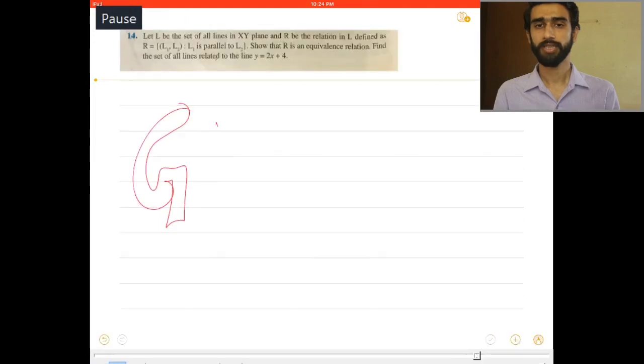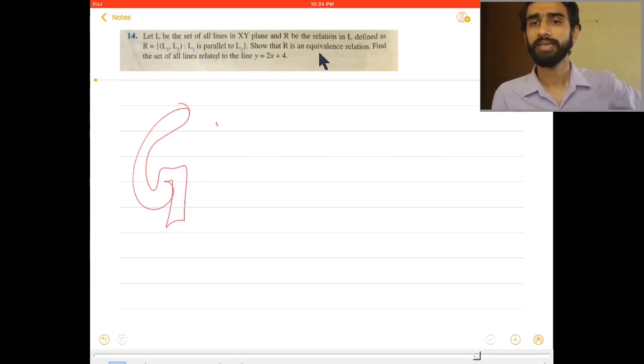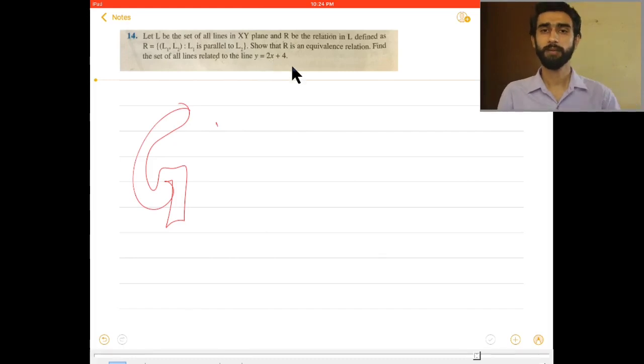The 14th question says that let L be the set of all lines in the xy plane and R be the relation in L defined as R equal to L1 comma L2 such that L1 is parallel to L2. Show that R is an equivalence relation. So we have proved that this relation is an equivalence relation. Now it is asking, find the set of all lines related to the line y equals to 2x plus 4.